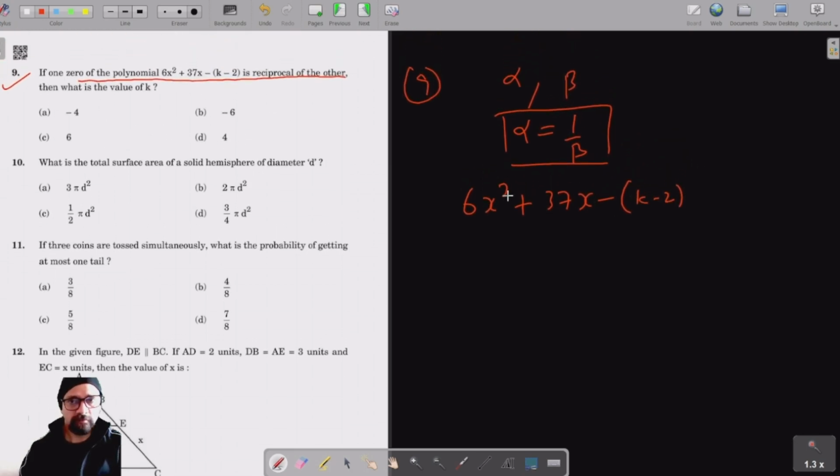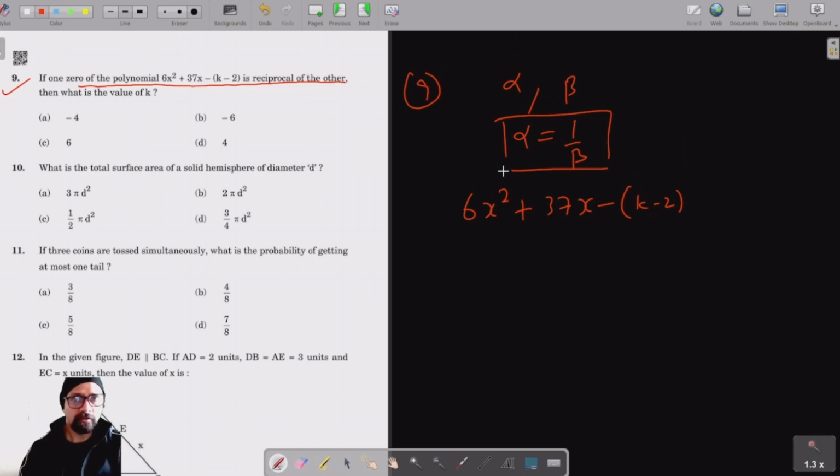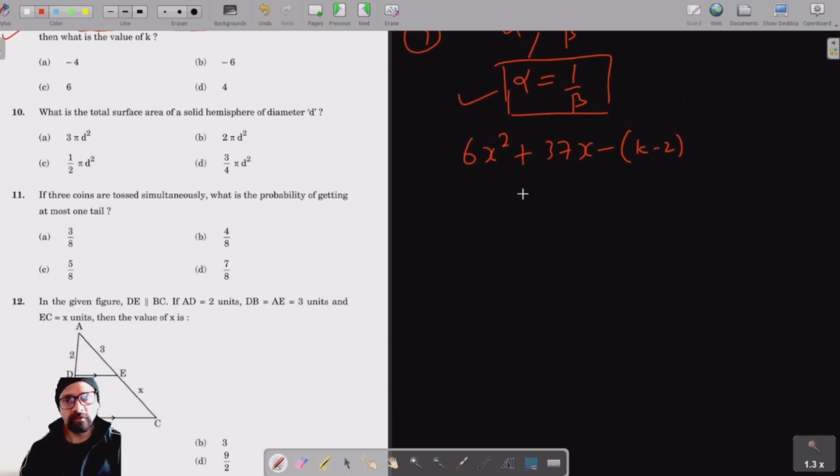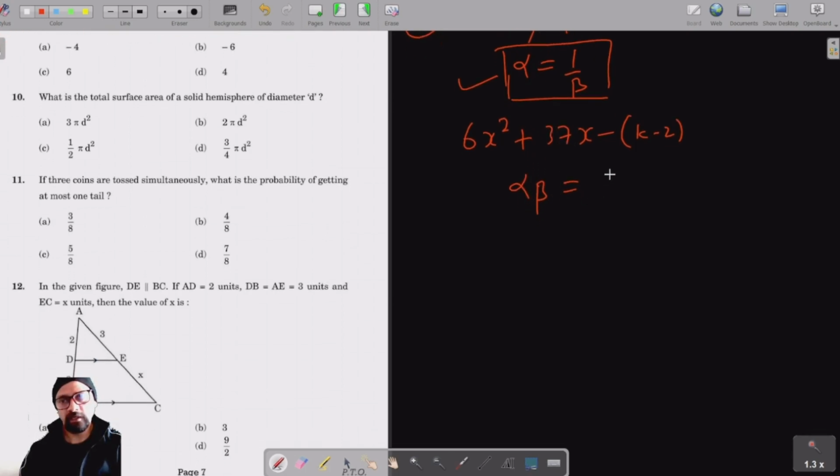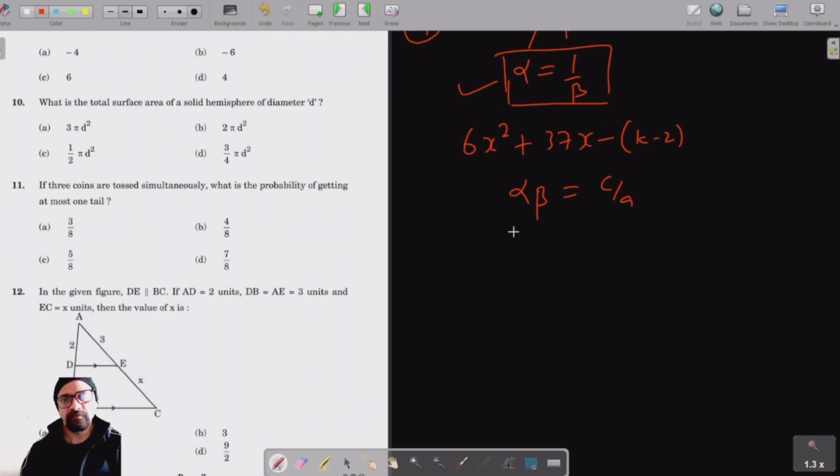And whenever it's given that one is the reciprocal of the other, we will consider the property, the product of the two zeros, which is equal to c by a. So alpha is 1 by beta into beta, and c is minus k minus 2 by a is 6.